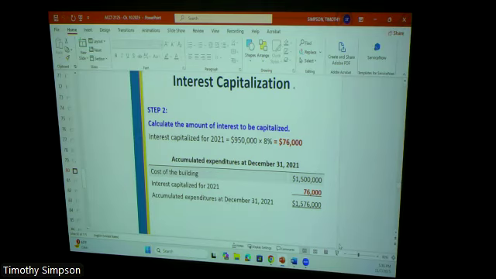Now, we can't capitalize more than what's actually incurred by the firm, but it is implicit in that sometimes companies jumble together their financing, especially a lot of long-term financing, and it becomes difficult to attach it to individual projects, particularly when they've got lots of different projects going on. And we'll talk about why we're doing this, particularly when we take other debt into account. Remember, they have debt at 6%, I think 12%, and we'll get to that in a second.